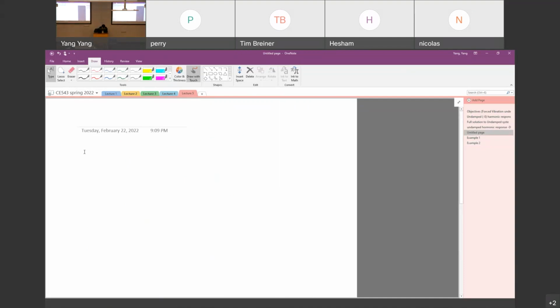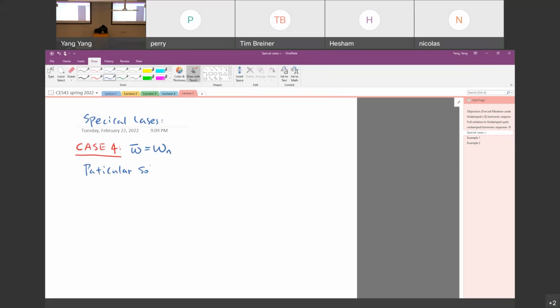This is case 4. Omega r equals omega n. So in this case, the particular solution is not valid.